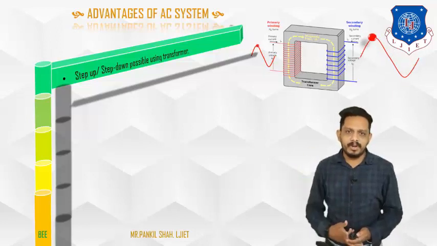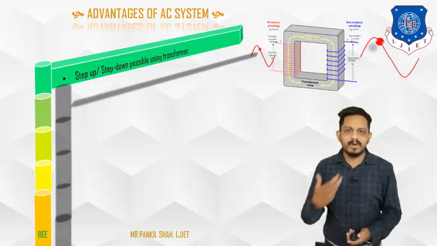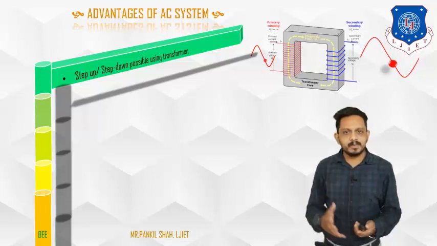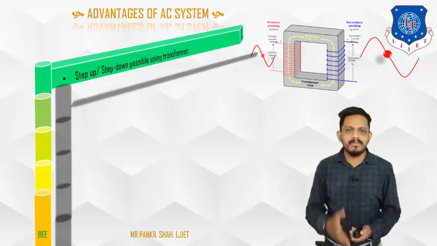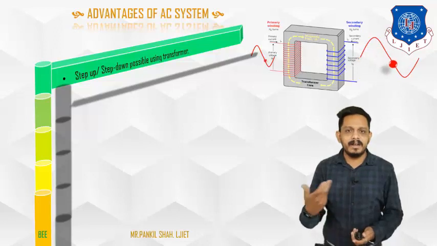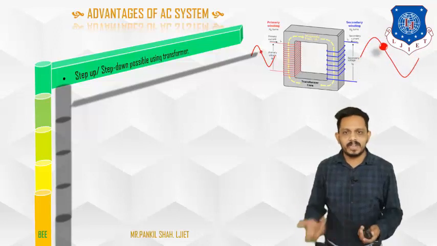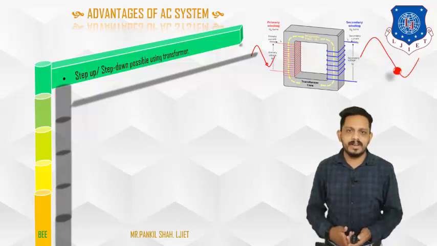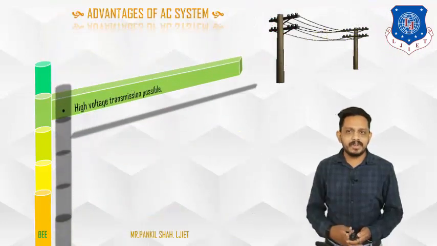If there is a high voltage and we require a small voltage, then the transformer converts that high voltage into a low voltage, and a transformer only works on AC. That's why we are using AC systems. Second, high voltage transmission lines are possible.